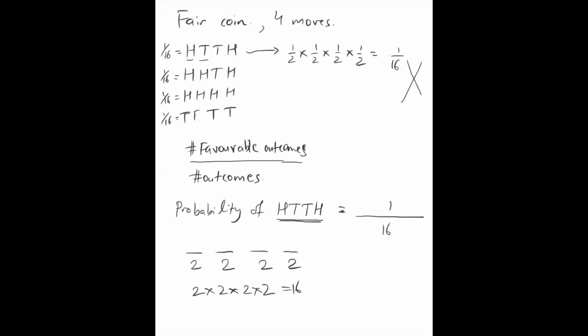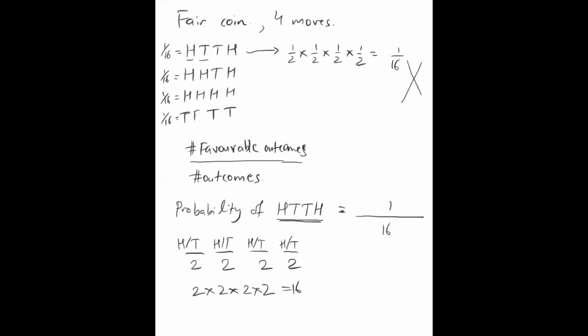The reason this gives the total number of choices is because for the first spot we have 2 choices. It could be H or T. Now the second one also has 2 choices, H or T, and so on.